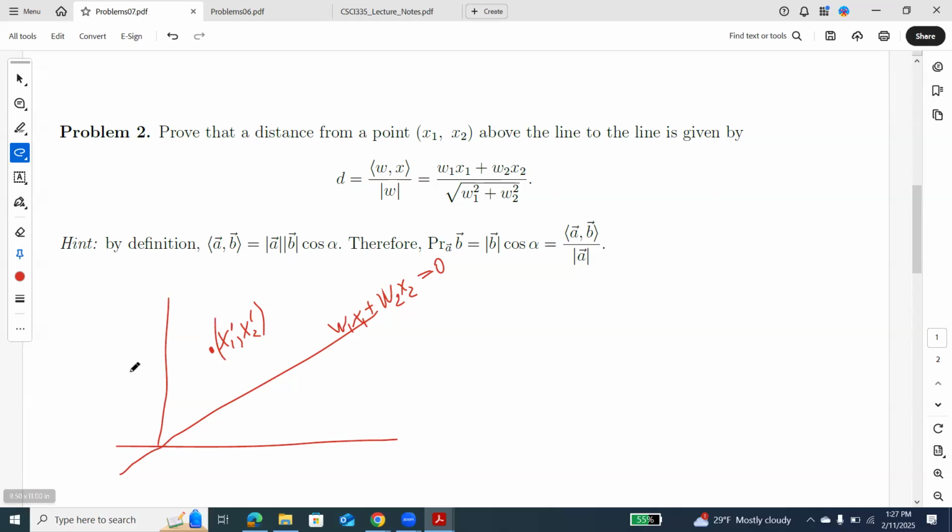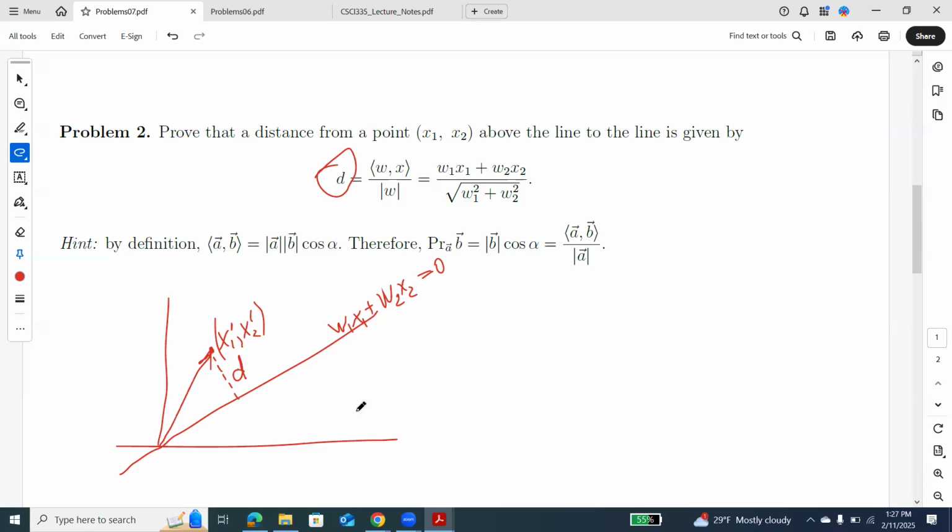So we have this vector x prime. And the question is, what is the distance d from this point to our decision boundary? So this is what I'm interested in, this distance.